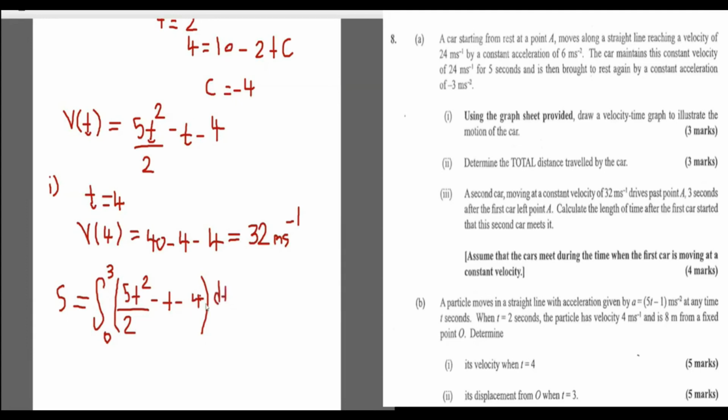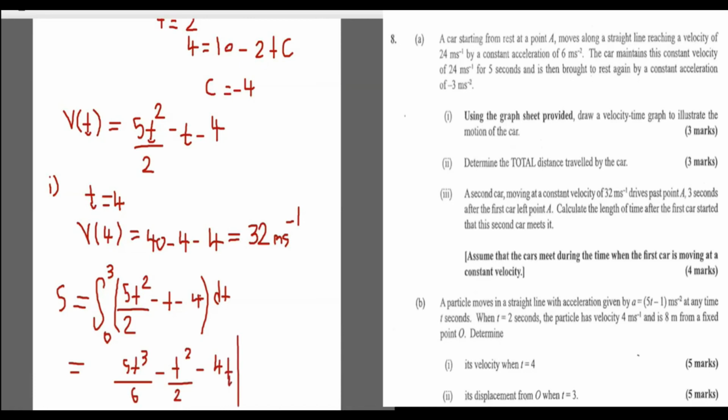So let's go ahead and integrate. Add 1 to the power, divide by the power, and we get 5t cubed over 3 times 2, which is 6, minus, integrating this, t squared over 2 minus 4t. All we need to do is plug in the values of 0 and 3.